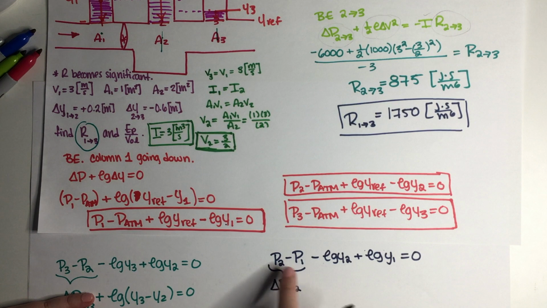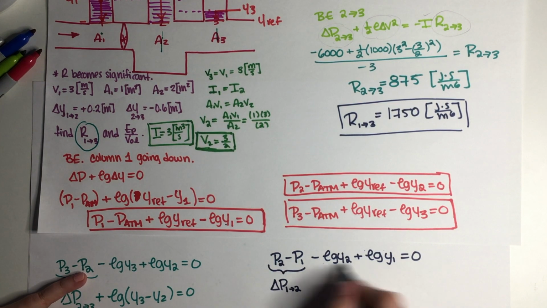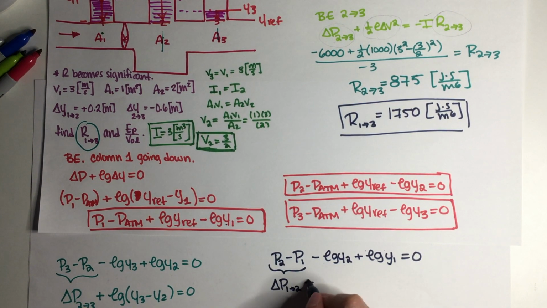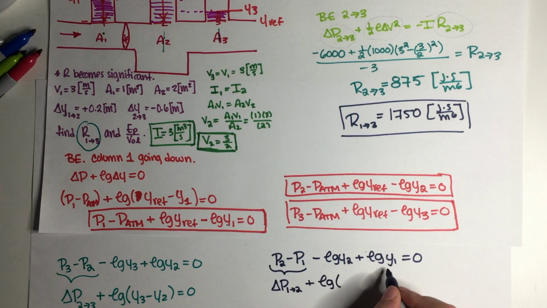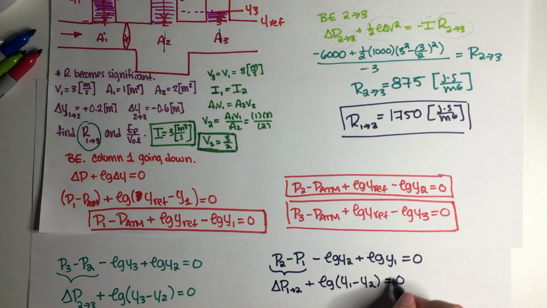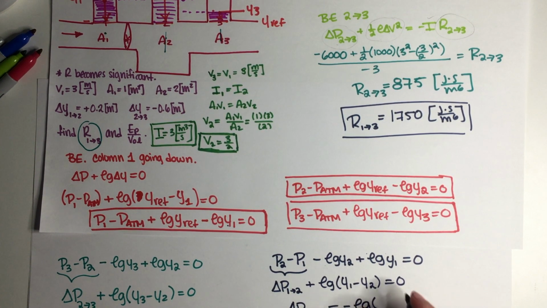And obviously it is defined as 2 minus 1. And this term over here can be rearranged to be 1 minus 2, equal to 0. So delta P from 1 to 2 is equal to negative rho g. If it's 1 minus 2, then this is delta y from 1 to 2. Oh, and that's it.